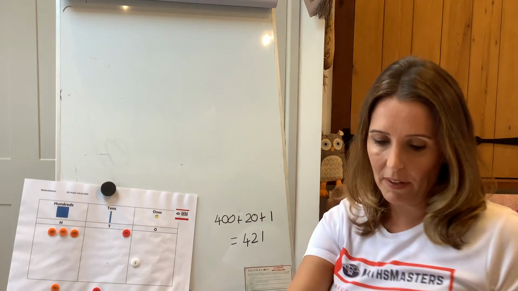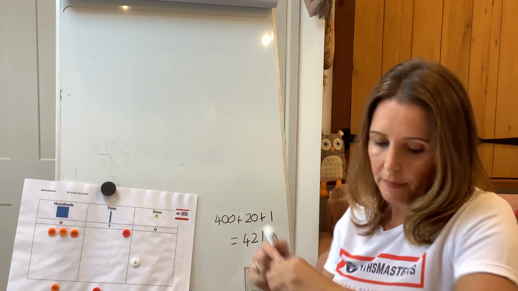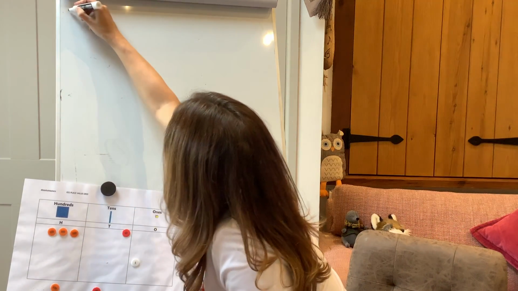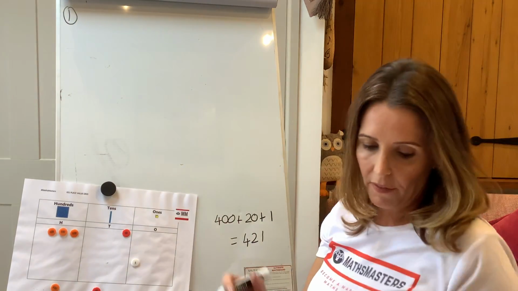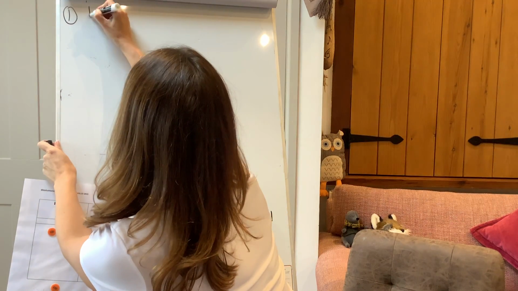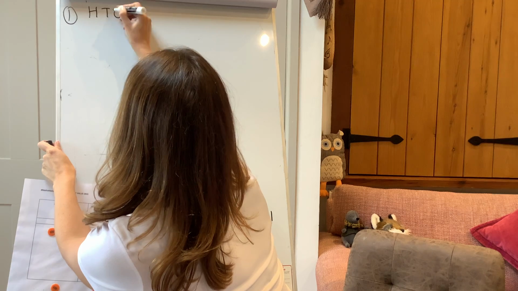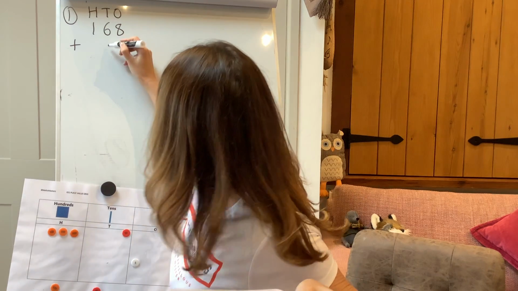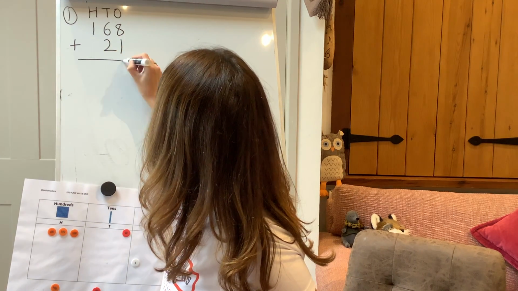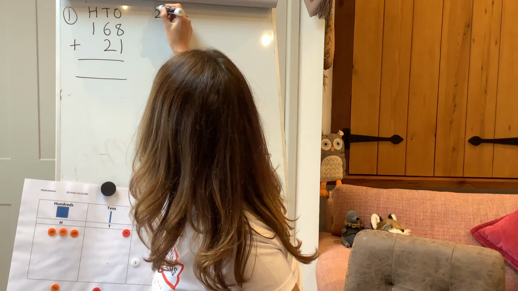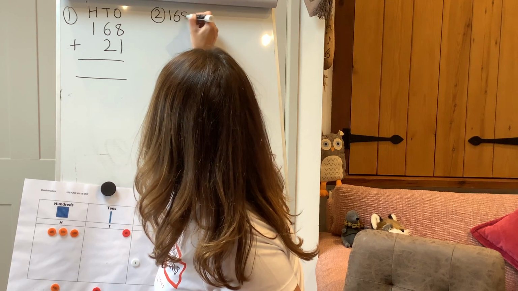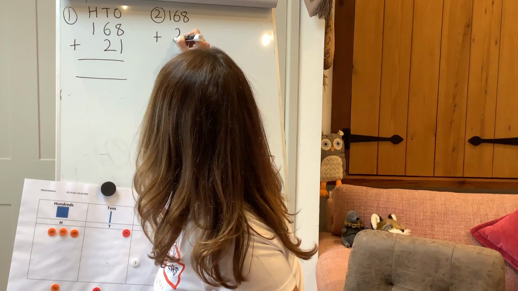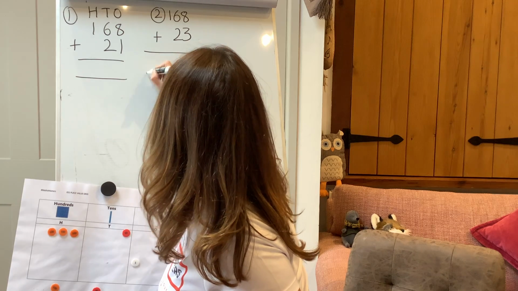I'd like you to have a go at these. Look at the numbers, decide if you're going to have some sort of exchange. So we've got 168, add on 21. We've got 168, add on 23.